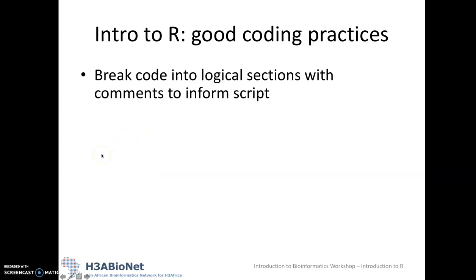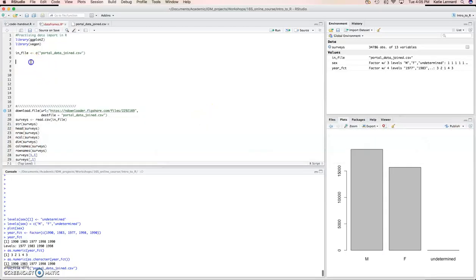Another thing that's really useful for longer scripts is to break your code into logical sections and to use comments to inform your script. Remember that you can use Control or Command on Apple, Shift R. Now we're creating a specific code section. Maybe here we're doing our data imports.